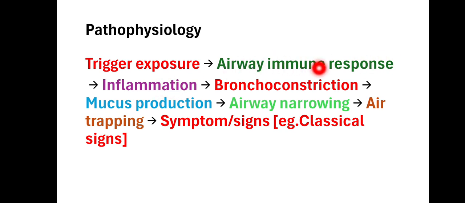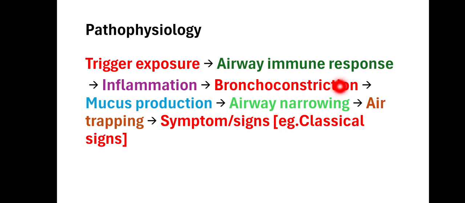So if the airway immune response has been activated, it is going to cause inflammation, because in the process of inflammation, we're trying to recruit what we call white blood cells so that they can come and fight this particular infection or whatever has been presented. You understand? So this inflammation is going to tighten the bronchial muscles. That is going to lead to bronchoconstriction.